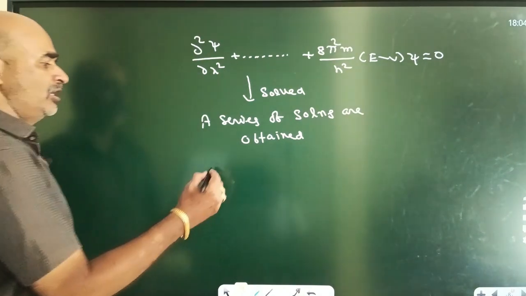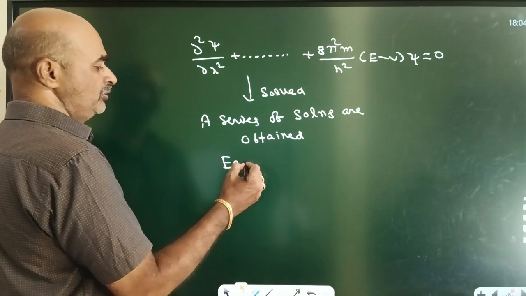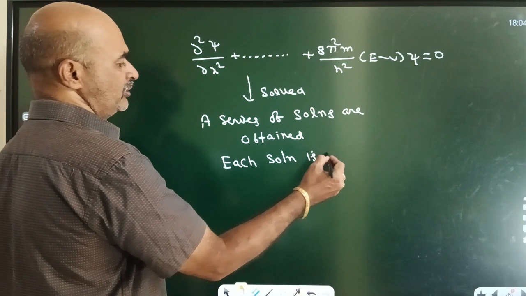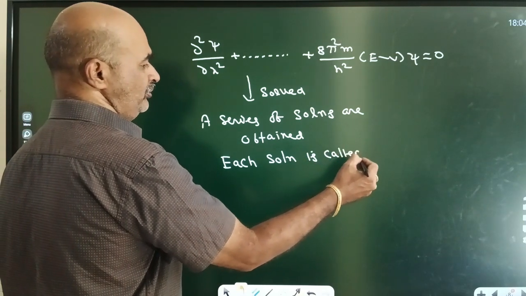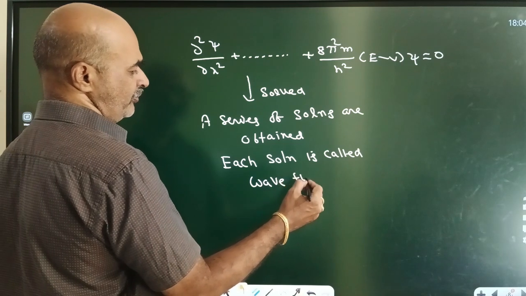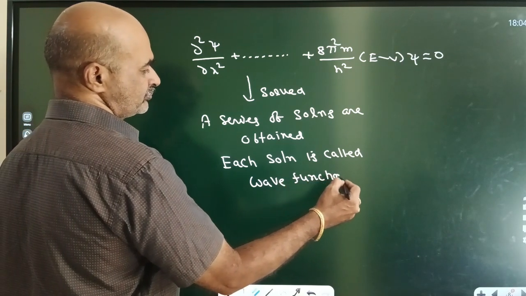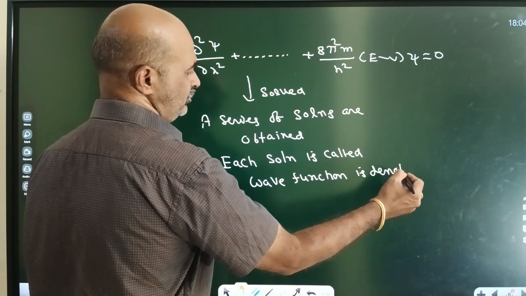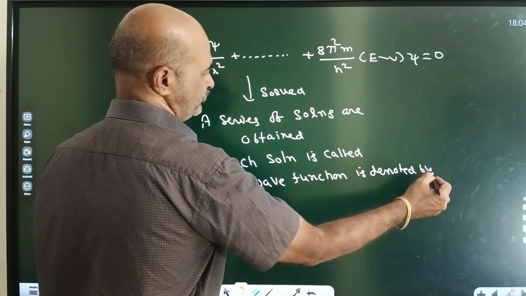Each solution is called a wave function, denoted by psi.